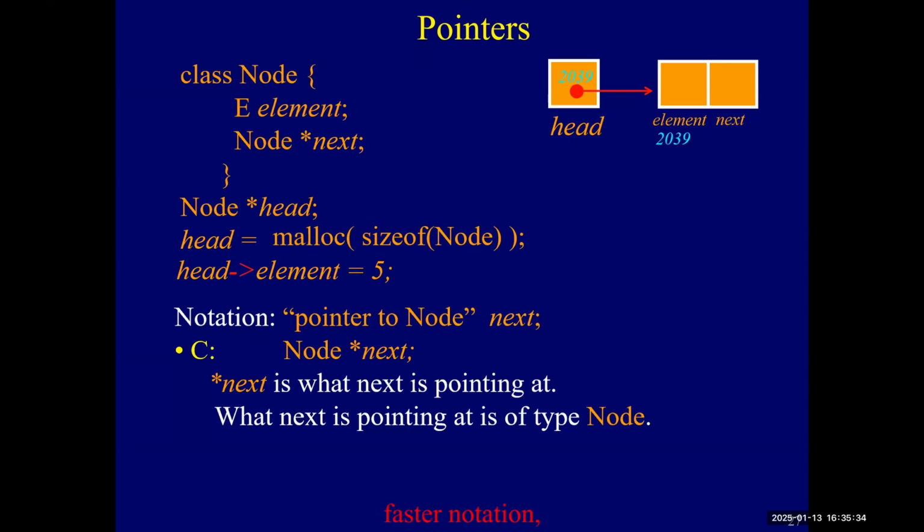But there's a faster notation, which is the arrow, which says head points at something, and the arrow says go to the thing that you're pointing at, which is a record, and find the element within it. So you see these are all nuanced, different types.